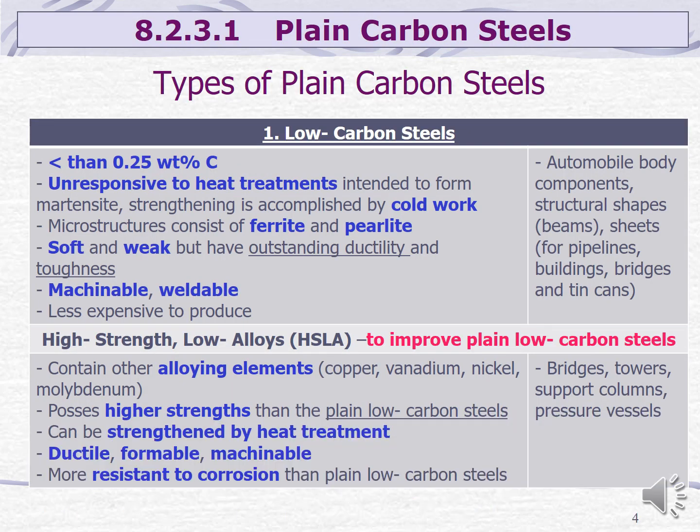Okay, now let's look in details at the plain carbon steel, the types of carbon steel. The first one is low carbon steel. This low carbon steel consists of less than 0.25% carbon.